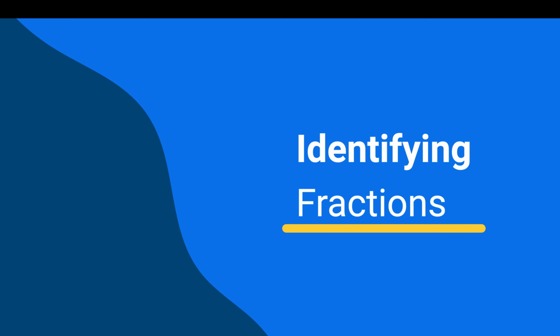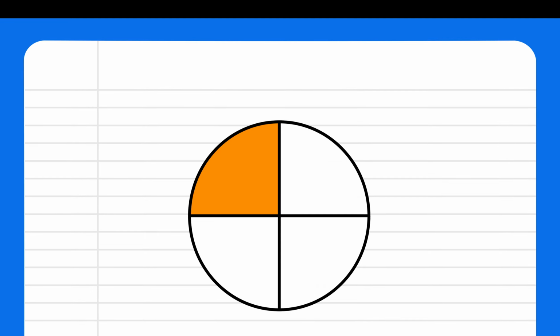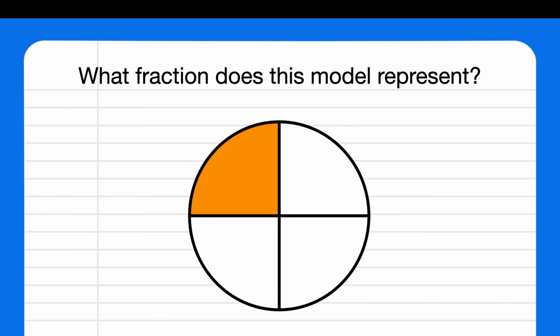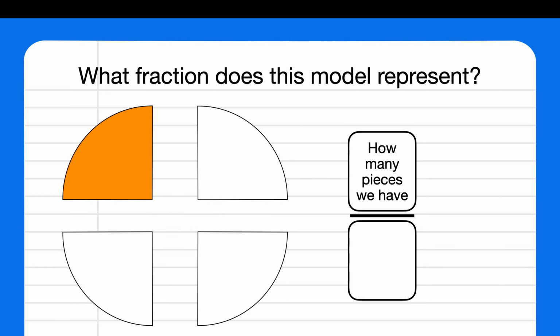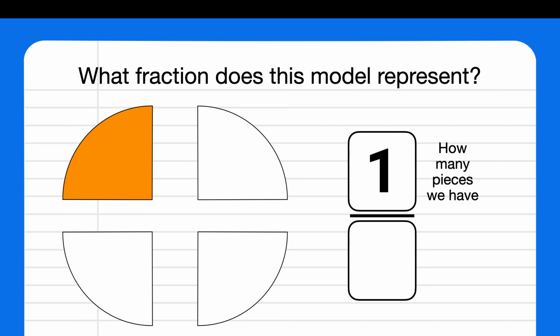Today we're learning how to identify fractions. Let's start by figuring out what fraction does this model represent. Well, a fraction has two pieces. The number on top tells us how many pieces we have. And when you look at our model, you can see we have one piece that is shaded. So we'll write a number 1 into our numerator.